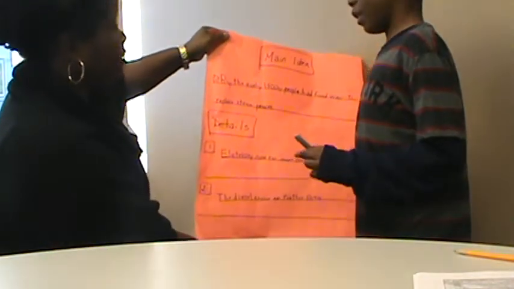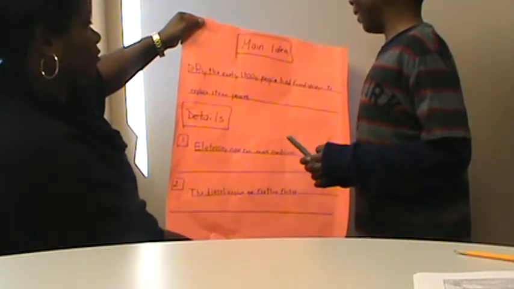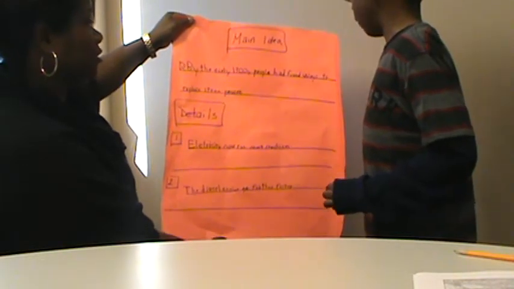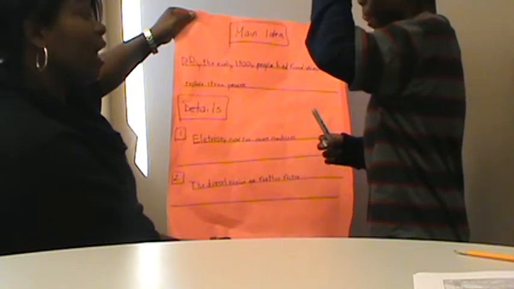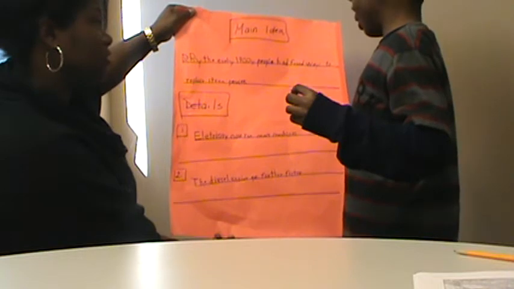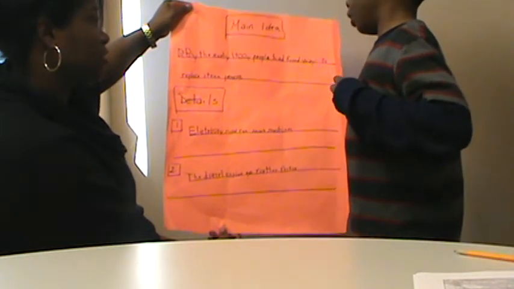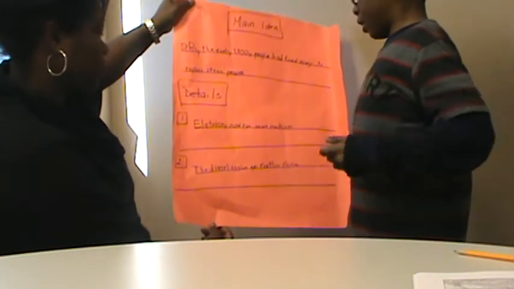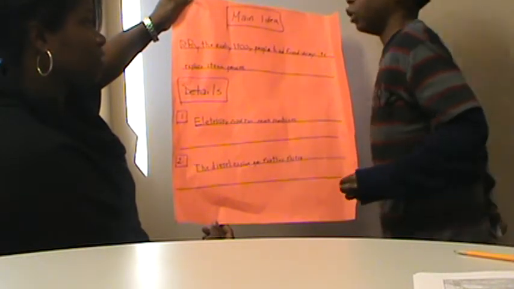Now teach me. What's the main idea? By the early 1900s, people had found ways to replace steam power. And how did they do that? By using electricity. Electricity ran most machines. Good. And what else did they do? They used these engines to go farther and faster.